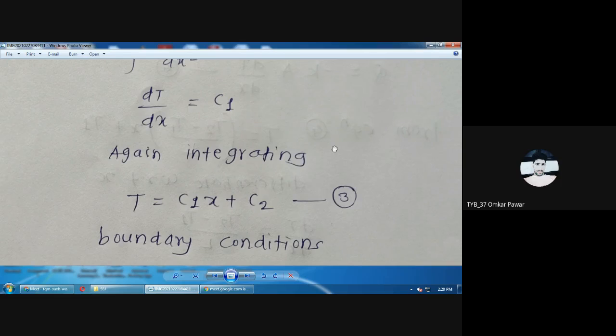T2. Okay. So x is equal to 0 means T is equal to T1. This is the first boundary condition. And x is nothing but thickness along the x direction. If x is 0, where are you? At the first surface.